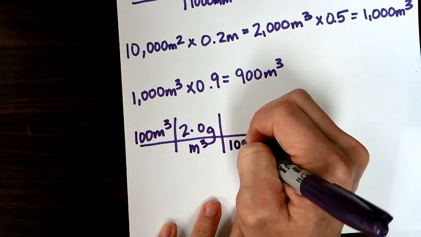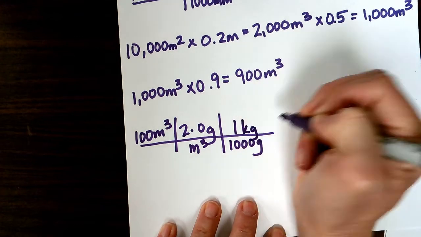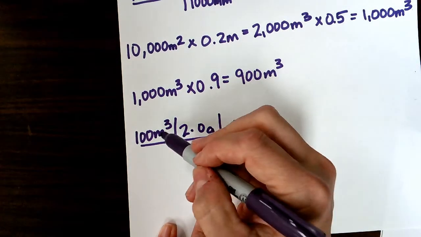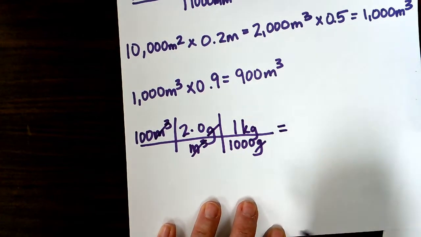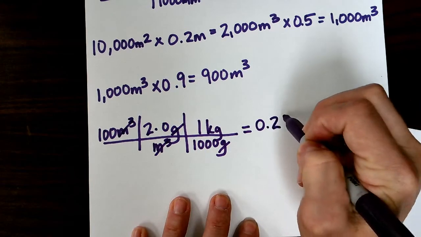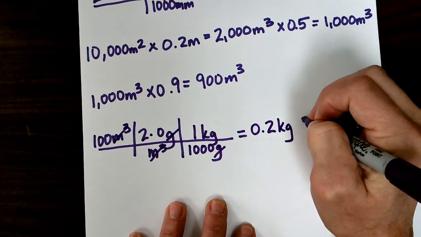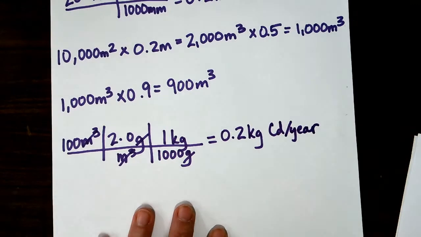So I set up my units so that there are 1,000 grams in a kilogram, and now cubic meters cancels out, grams cancels out, and I'm left with kilograms for my answer. And my answer is 0.2 kilograms of cadmium per year that makes it into the surrounding soil.